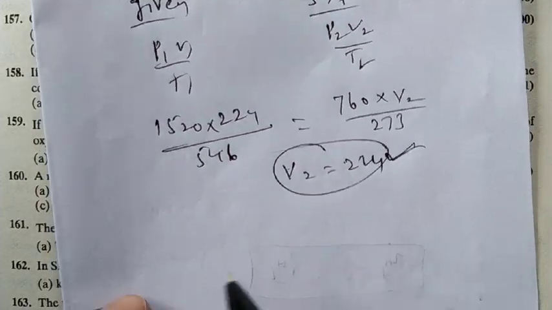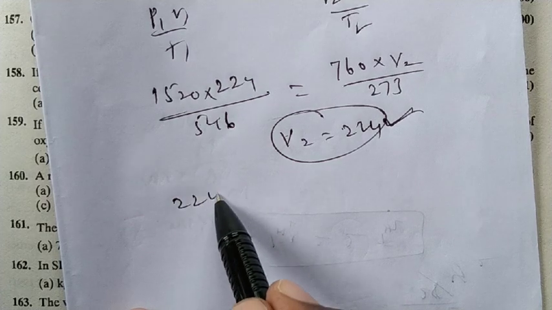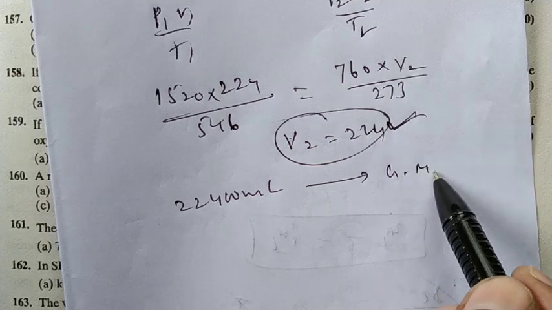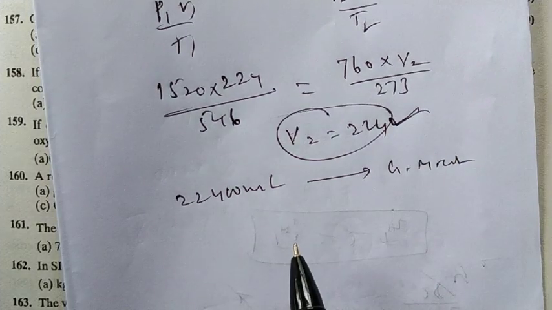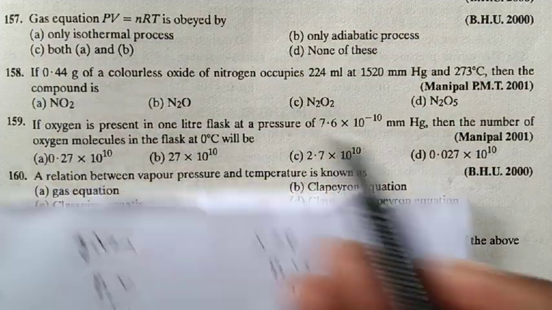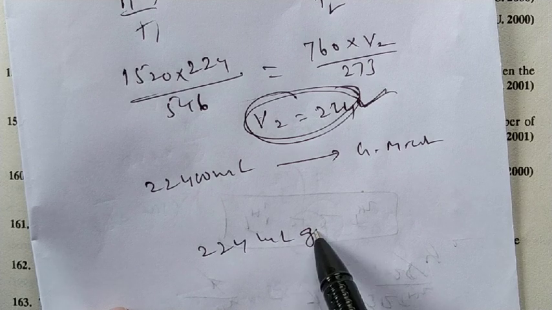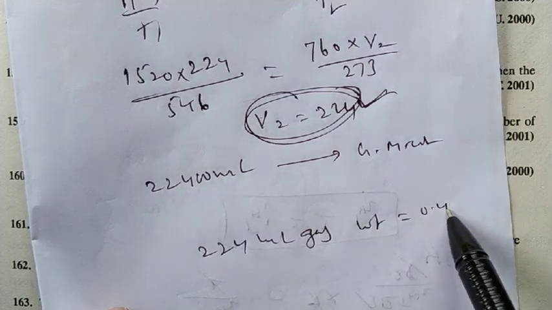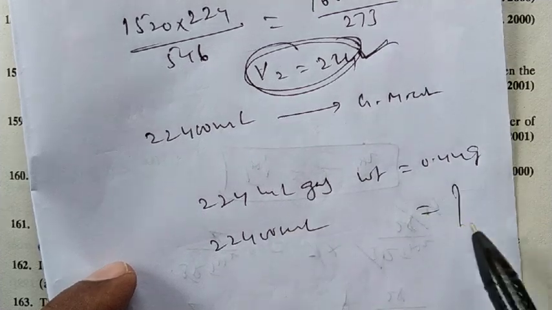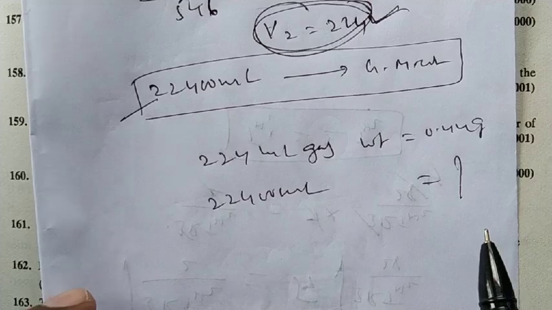Now as per the gram molar volume, 22,400 milliliters of any gas is equal to its gram molecular weight. You know that. Now at 224 milliliters the gas weight is 0.44 grams. So at 22,400 milliliters how much? As per the mole concept, if you identify the weight at this volume, you will get the molecular weight.